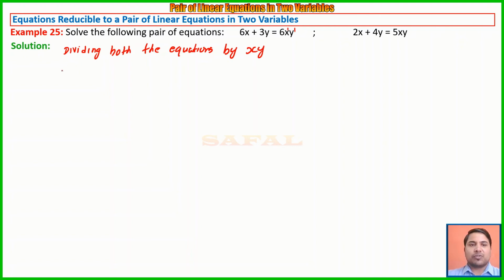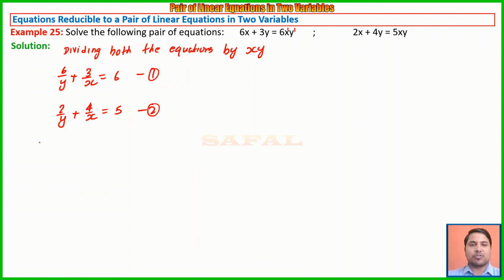So both the equations I am dividing by xy. The first one will become 6x by xy, that is 6 by y, then 3y by xy, so 3 by x equals 6. So let me call it the first equation. The second one, 2x by xy, so that becomes 2 by y, and 4x by xy, that is 4 by x, and 5xy by xy, so that becomes 5. So this I am going to call 2. Now this kind of question we saw just now.